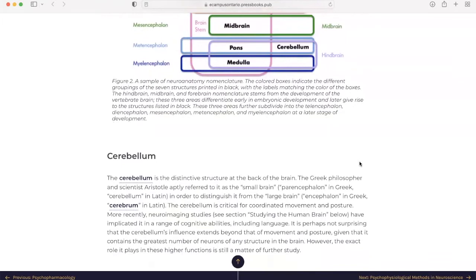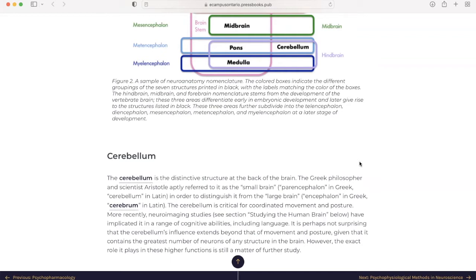The next question is name and describe the basic function of the cerebellum. Well, the cerebellum is a distinctive structure at the back of the brain. It says the Greek philosopher and scientist Aristotle aptly referred to it as the small brain, in order to distinguish it from the large brain, the cerebrum. So the cerebellum is critical for coordinated movement and posture.